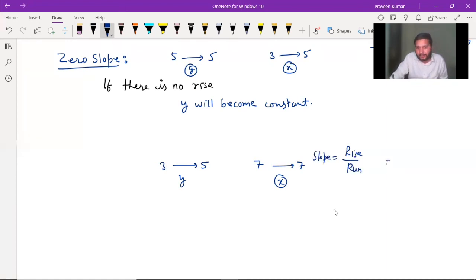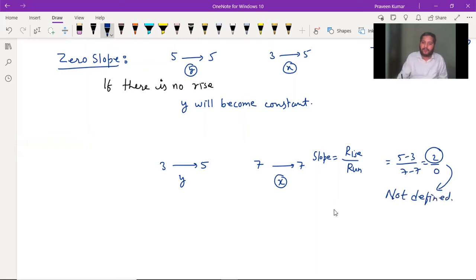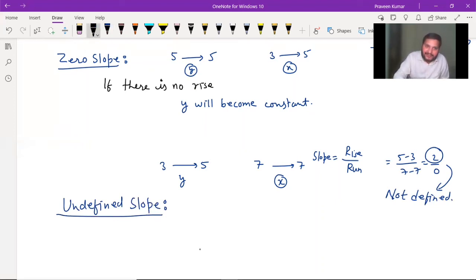So this is 5 minus 3 over 7 minus 7, which is 2 by 0. Some non-zero quantity divided by 0 will be not defined. Undefined slope. When will we get undefined slope? If x is constant, means there is no change in value of x.